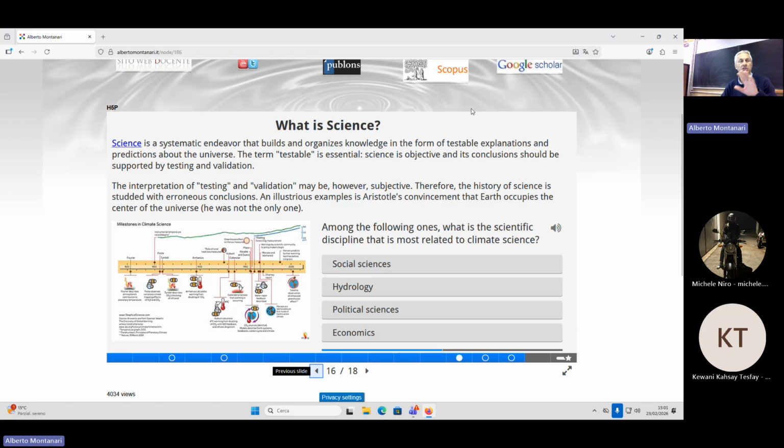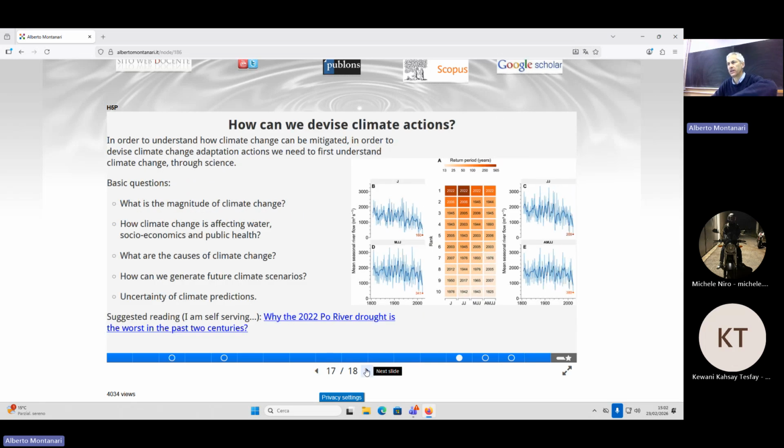I am skipping this last slide, which is related to something that we already discussed about the nature of science, what is the purpose of science, and the graph reports a list of the milestones, what we identify as milestones in climate science. I think it is self-explaining, so I am skipping it, which is actually the last one, because the next one is what we already discussed about the Po River.